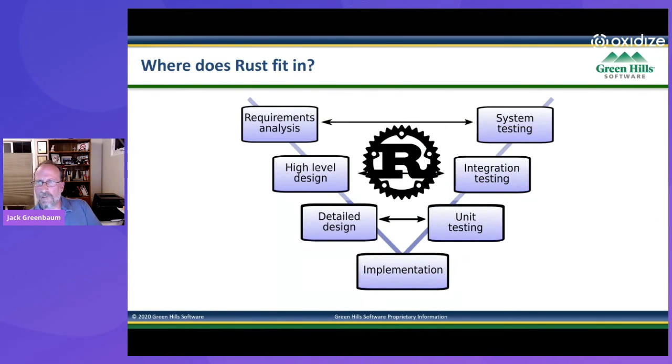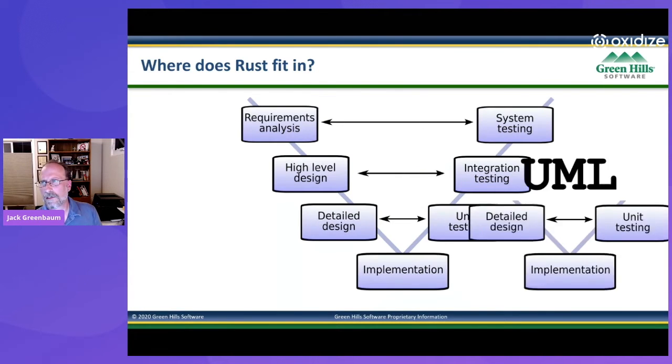So, when we bring in Rust, it has its C foreign function interface. And we think that's how Rust has to be integrated into safety systems for the foreseeable future. You've got Rust.